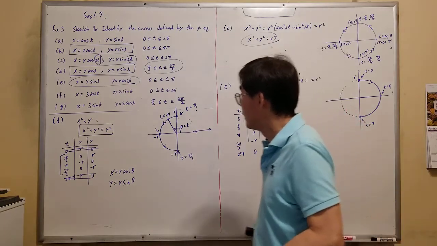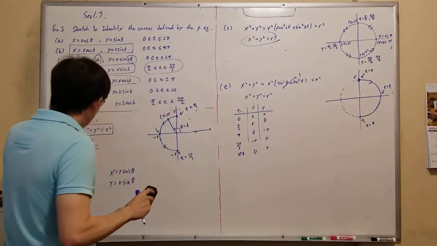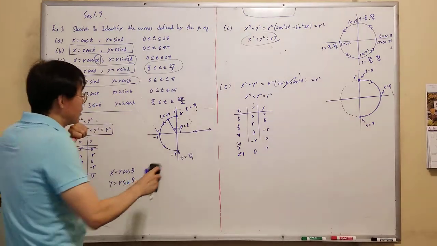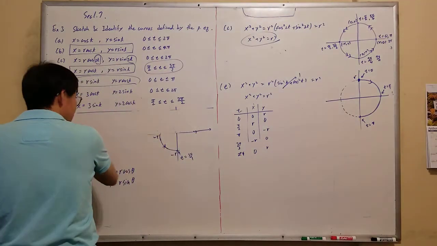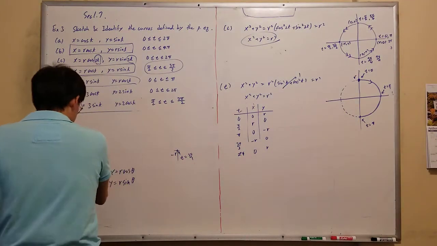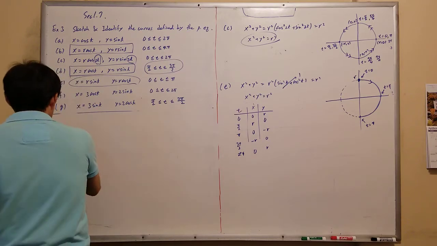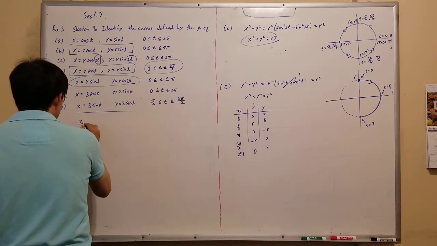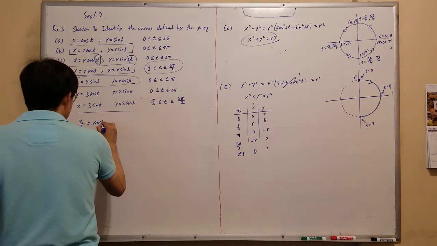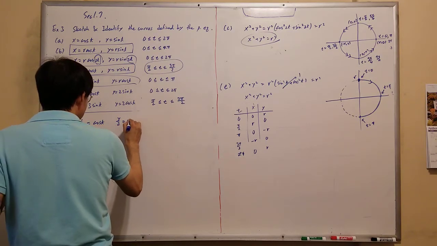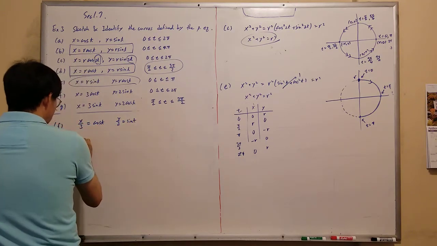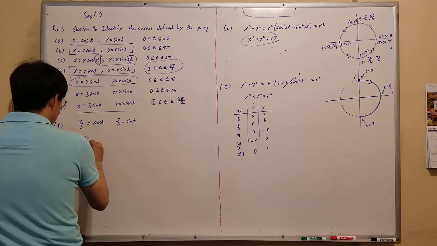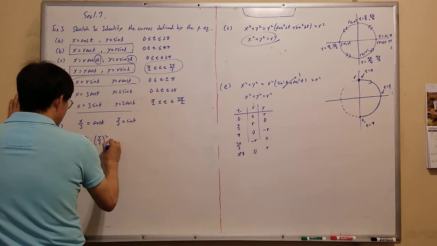What about f? Now it's no longer a circle. Then what is it? Well, you can consider x over 3 equals cosine t, y over 2 equals sine t. What is x over 3 squared plus y over 2 squared?